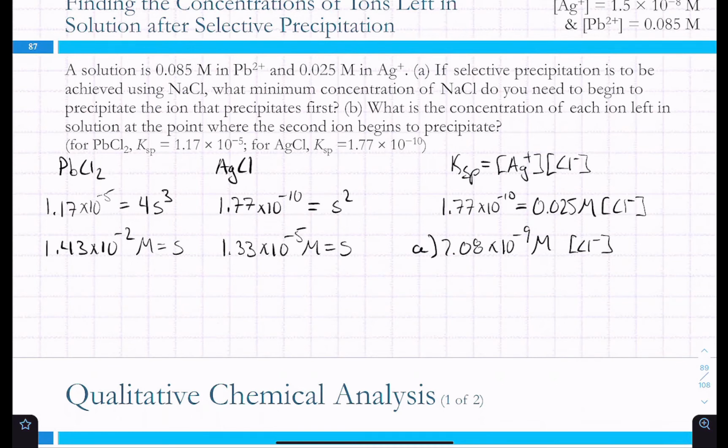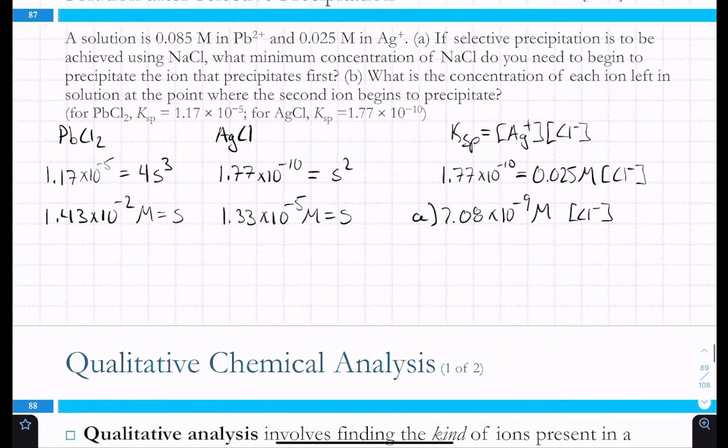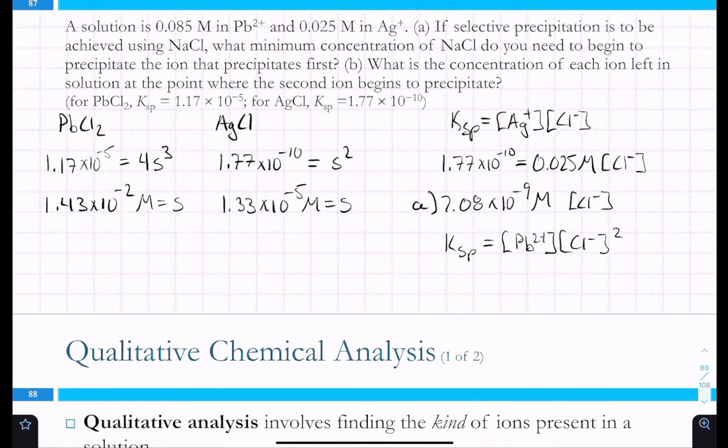So we use this to calculate it for silver. So what do we use for lead? The KSP for lead. So KSP for lead is going to be Pb2 plus and Cl minus squared. Because again, we know what KSP is, we know what the concentration of lead is, and so we can figure out what the concentration of the chloride ion is.